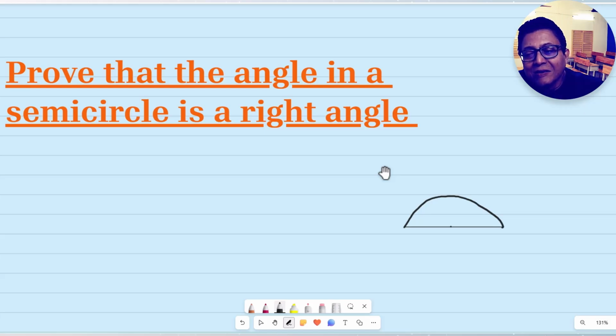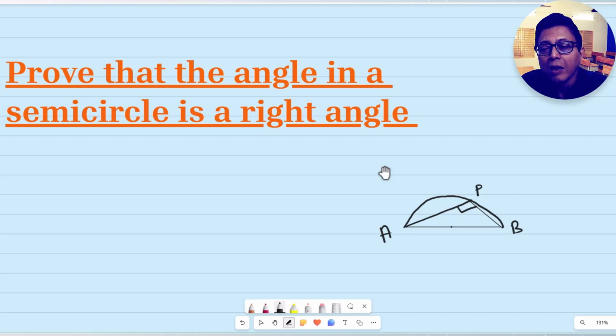It means if AB is the diameter of the circle, we have taken the half circle and then we join, take an arbitrary point P, and PA and PB you join.